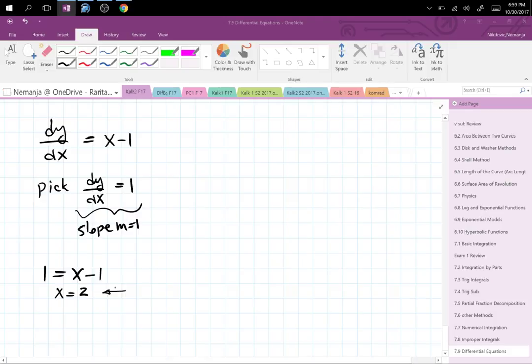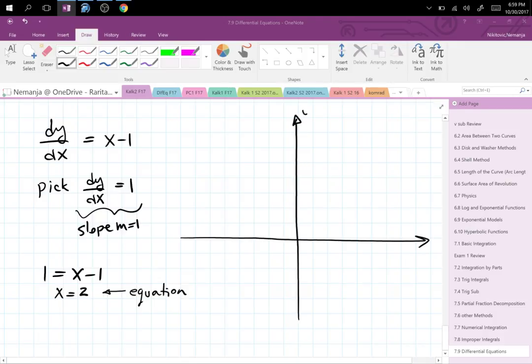Now this is the equation, also known as the isocline. Sheesh, what is that? So I'm going to draw the xy coordinate system, and then I'm going to draw very thin this isocline x equals 2.